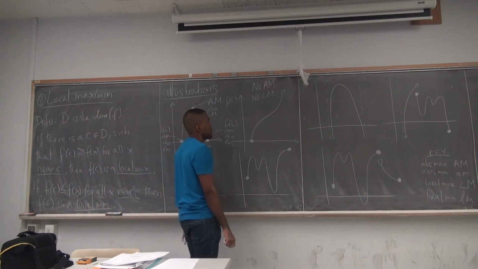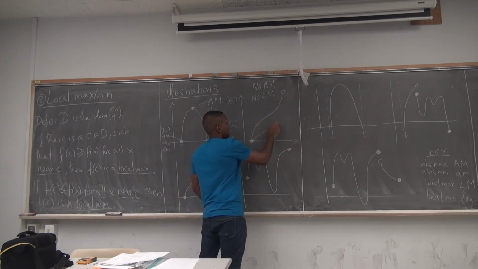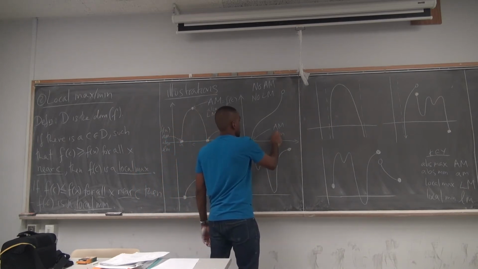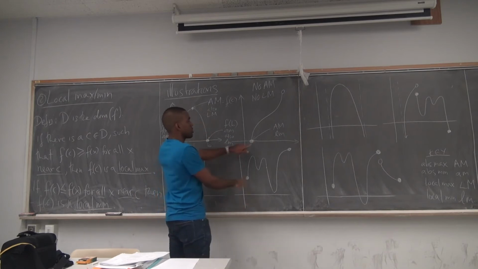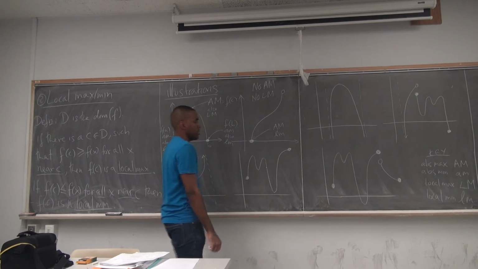What about mins? This guy, right? Does he exist? He is an absolute min, and he's also a local min. He's the smallest y value in general, and he's also the smallest y value if I zoom in.